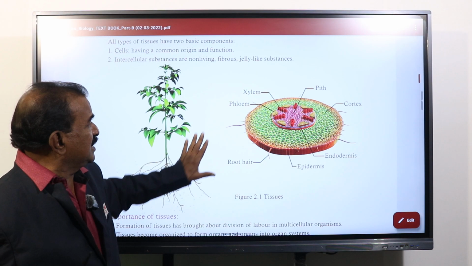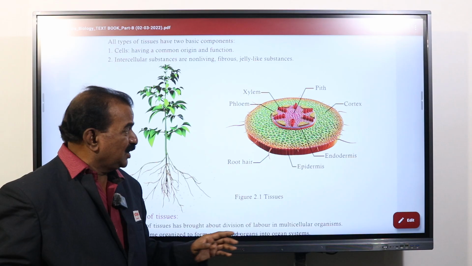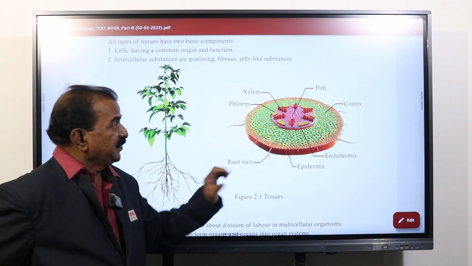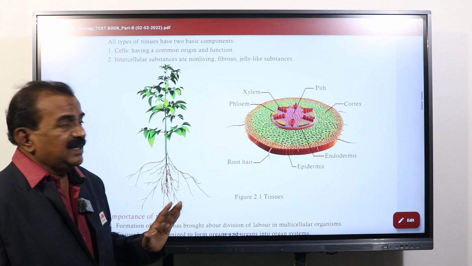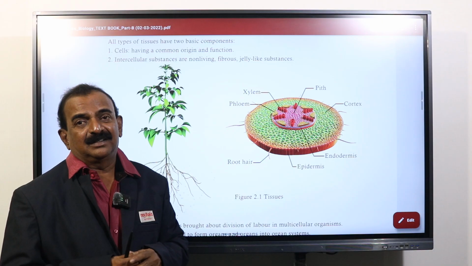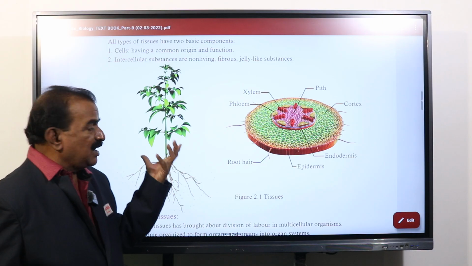Now, children, you are observing a plant, and you will see the presence of tissues. There you see figure 2.1, tissues, and here you are observing the transverse section of a root.